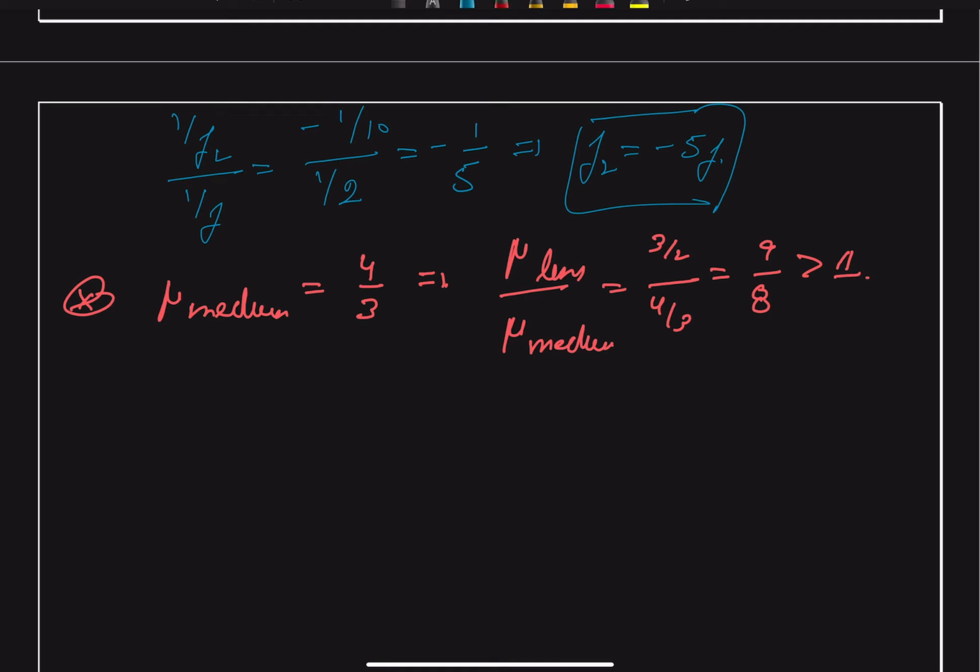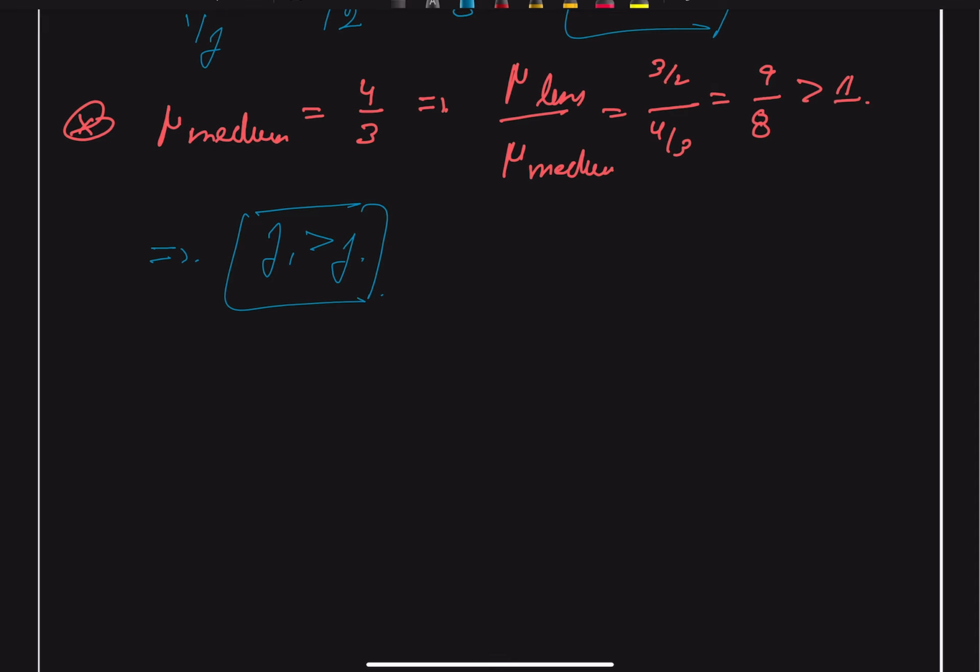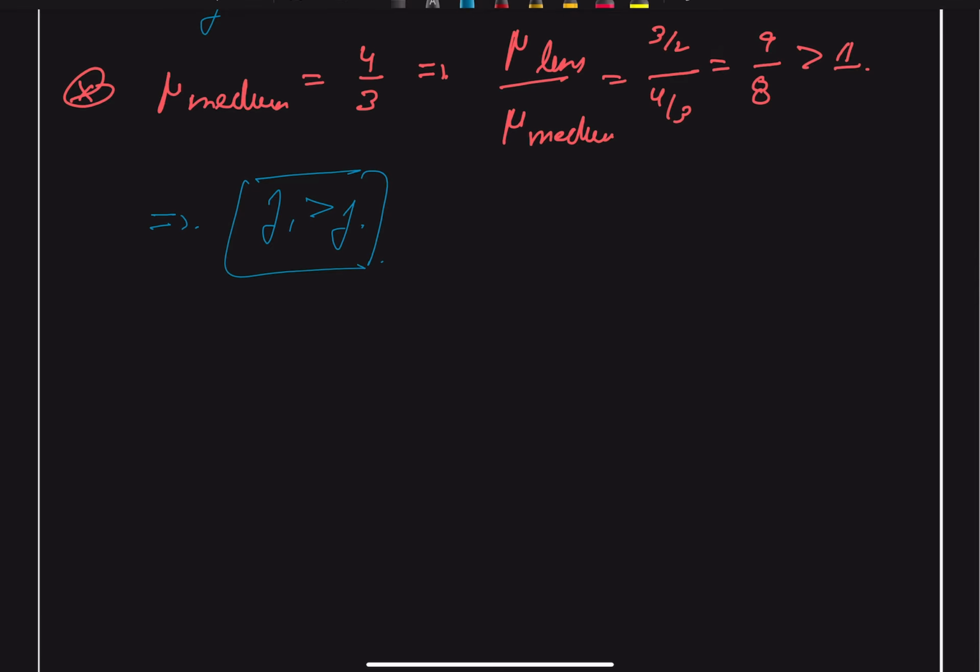And based on this, we can say that our f1 is greater than f. And for the second part, your mu medium is given as 5 by 3.